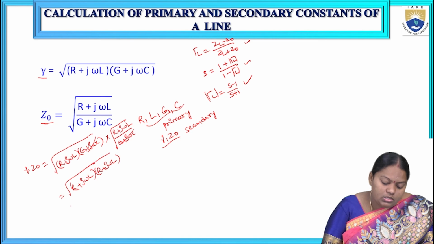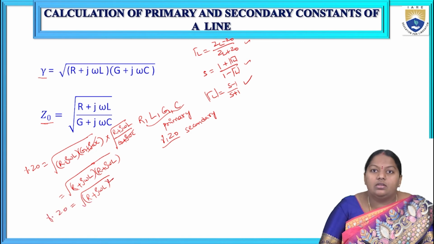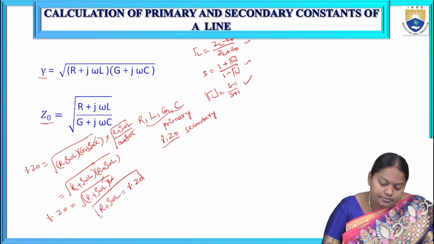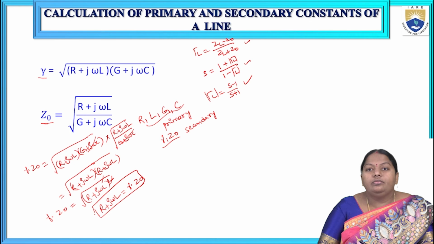Now if we multiply these two, root over (R plus j omega L) whole square equals gamma into Z0. The square and root get cancelled, then R plus j omega L is equal to gamma into Z0.